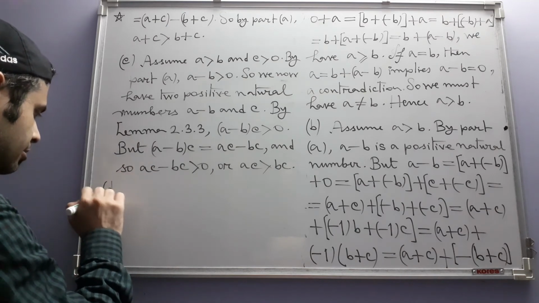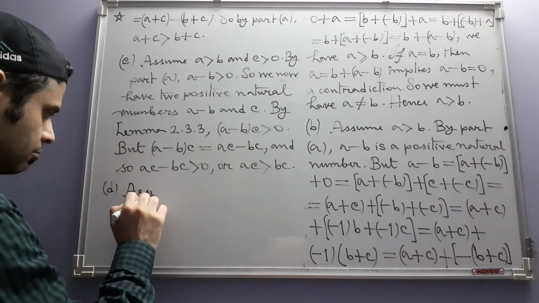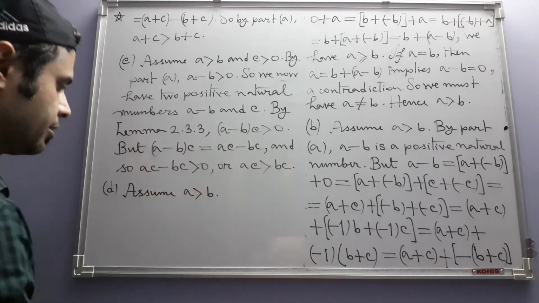Then part D, negation reverses order. Assume a is greater than b.